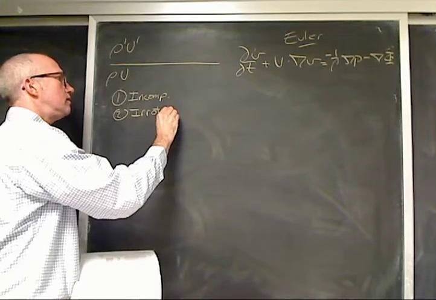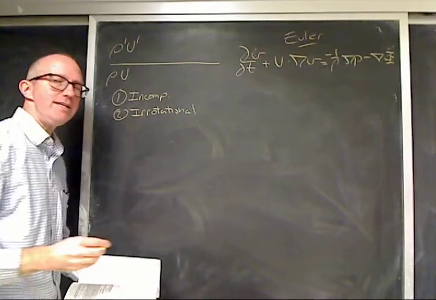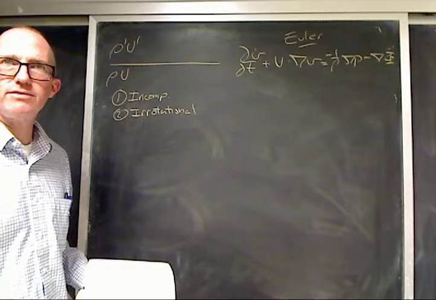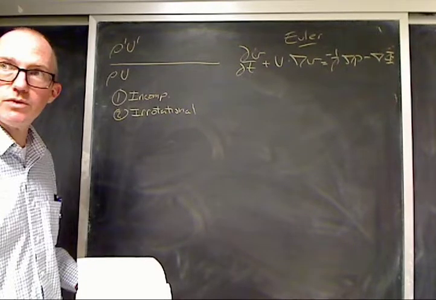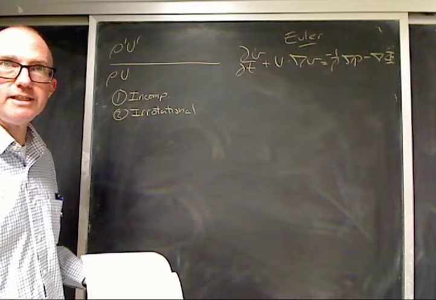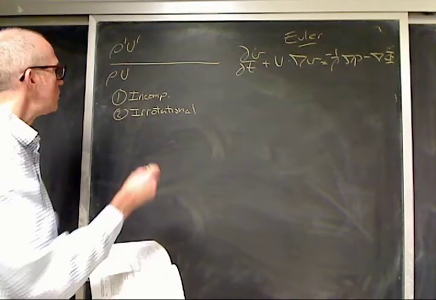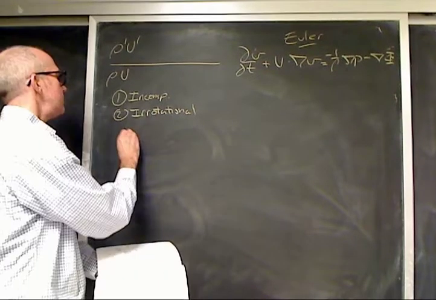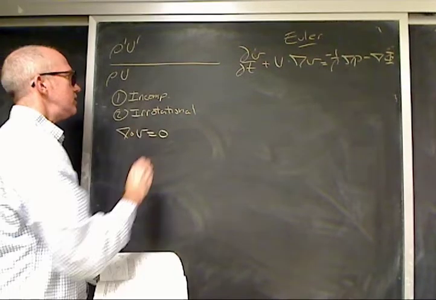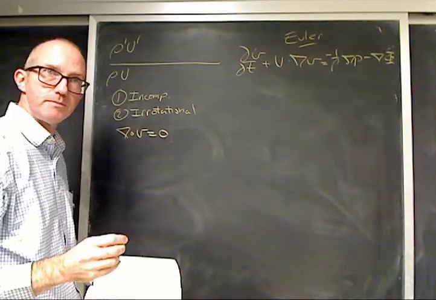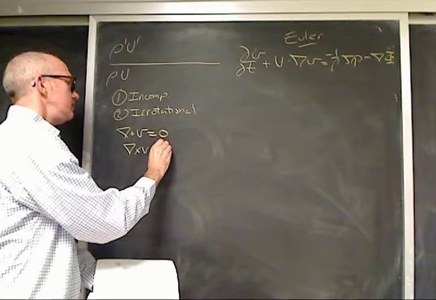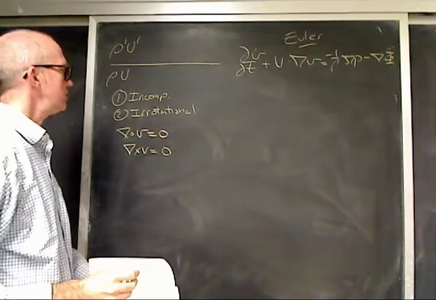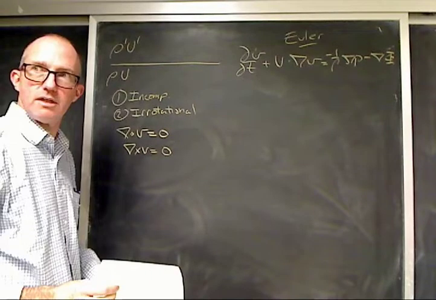Now, incompressible by itself is not enough to allow you to use the potential flow. It needs to be irrotational as well. So we need to have div V equals 0, and that's for incompressible flow. But not rotating says that curl of V is 0 as well.